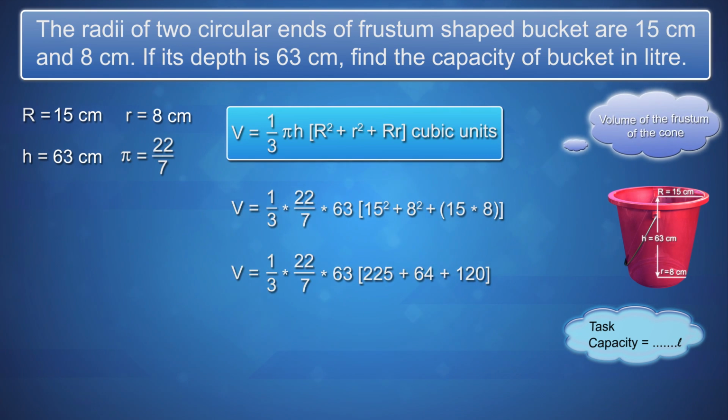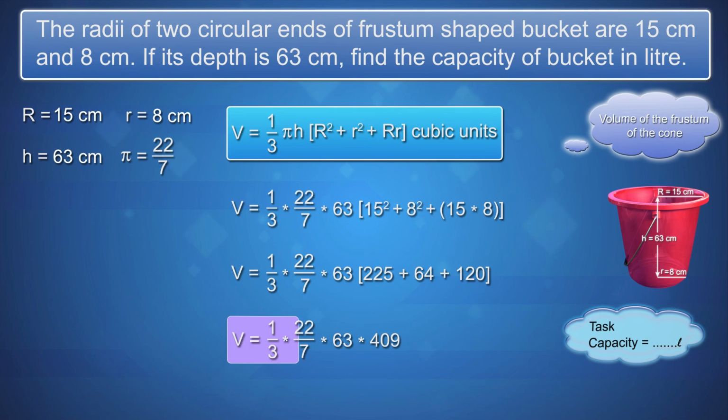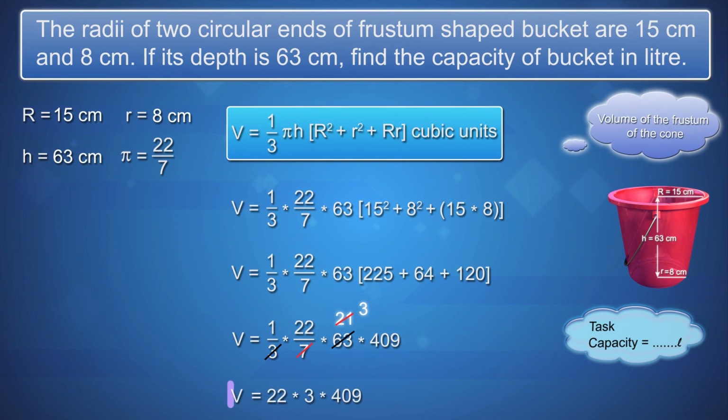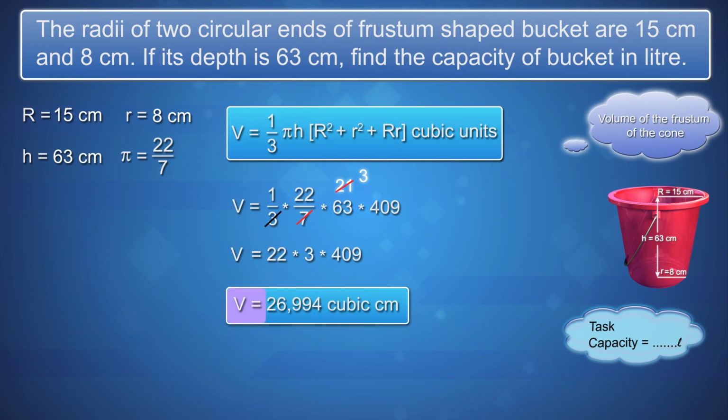On simplifying, we get V is equal to 1 by 3 into 22 by 7 into 63 into 409. On further simplification, we get V is equal to 22 into 3 into 409. Therefore, we get the volume of bucket as 26,994 cubic centimeter.